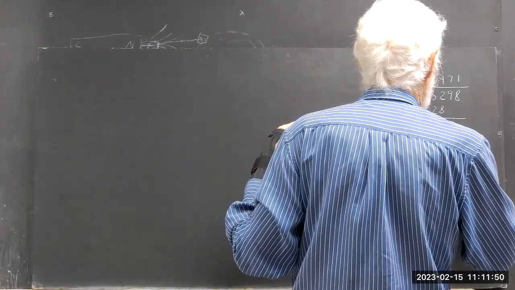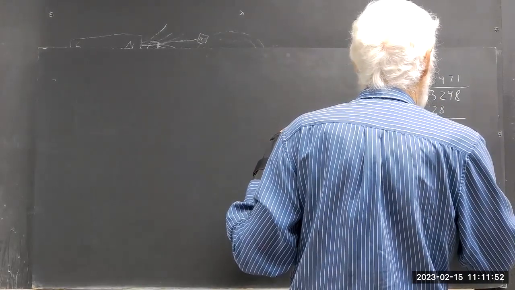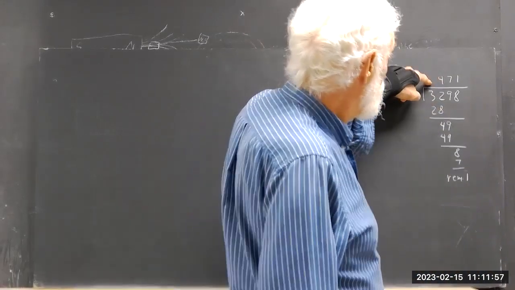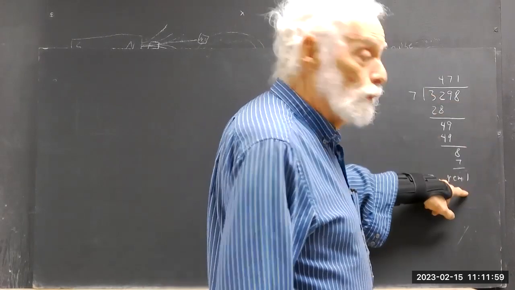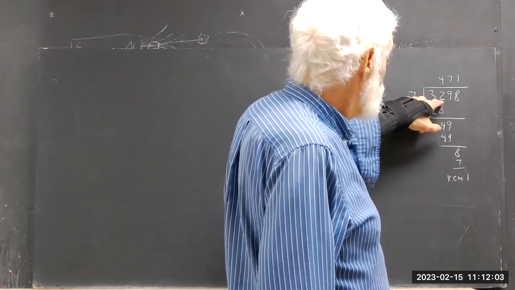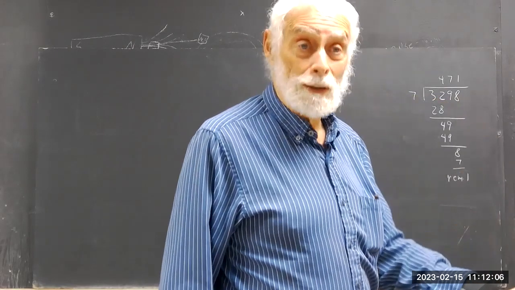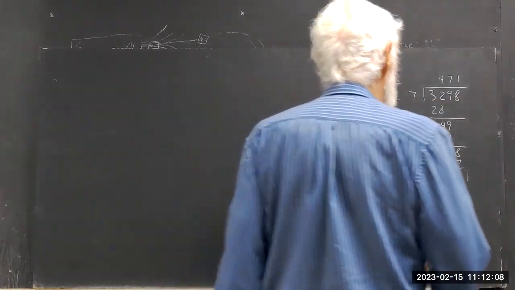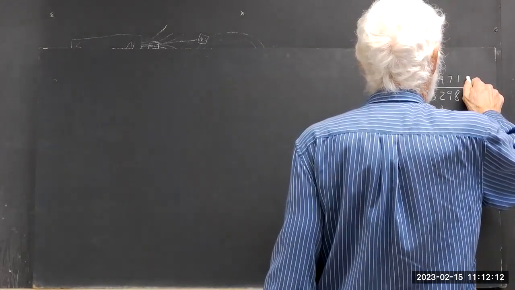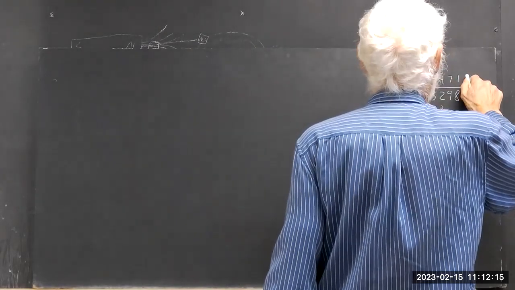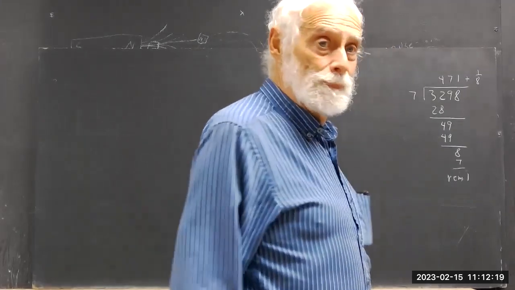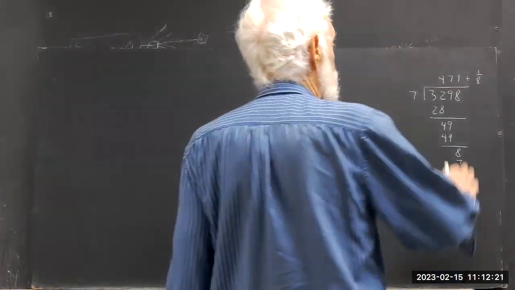So we have the 1 here, and we got a remainder of 1, meaning that 471 gives us all this but 1. We can multiply 471 by 7, we get 3297, not 3298. So now the remainder is 1, and we can write that as plus 1/7.